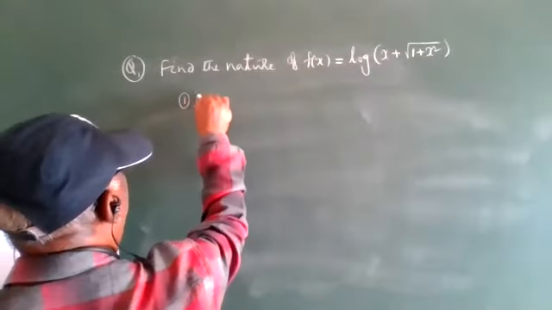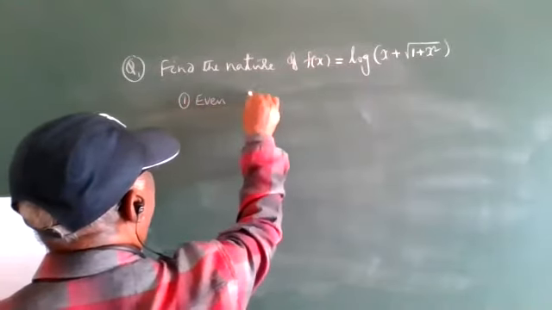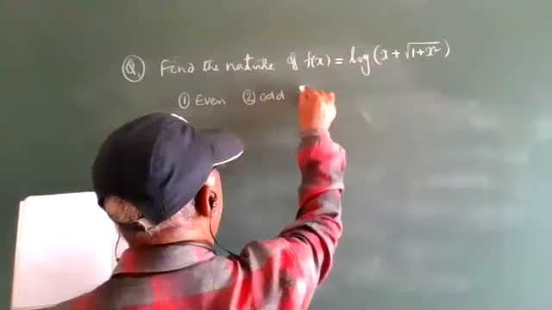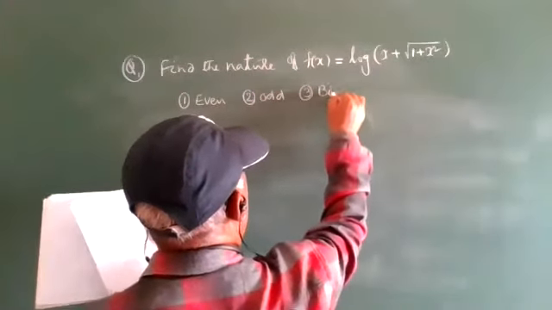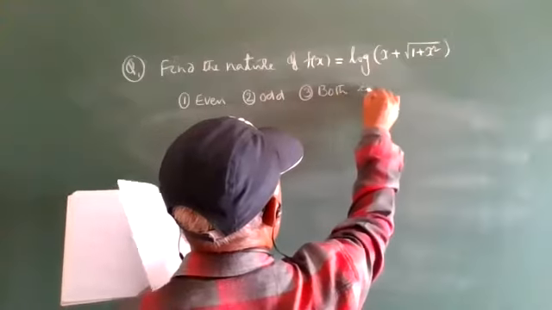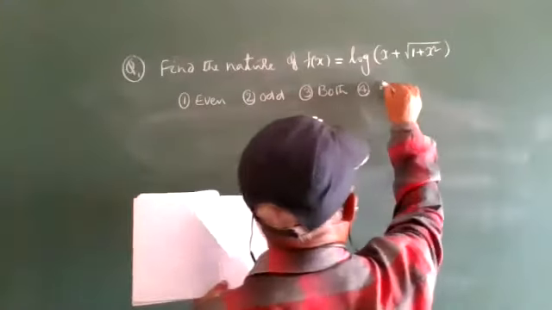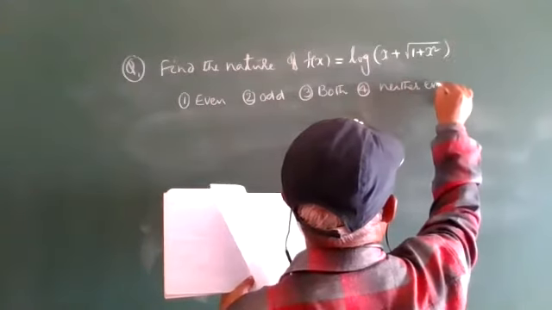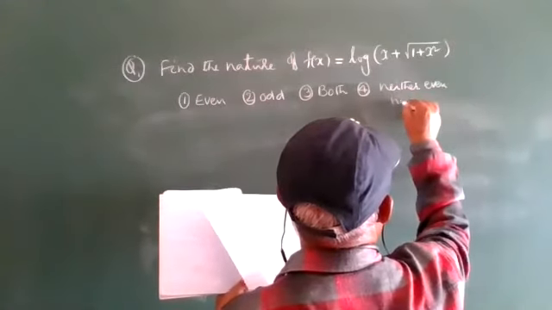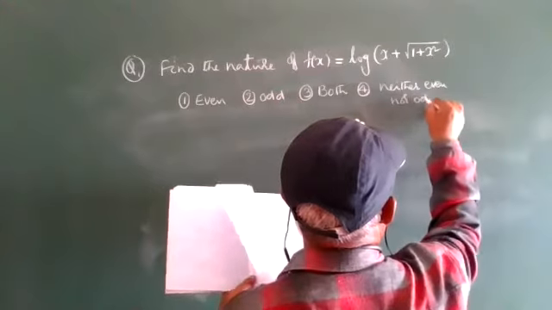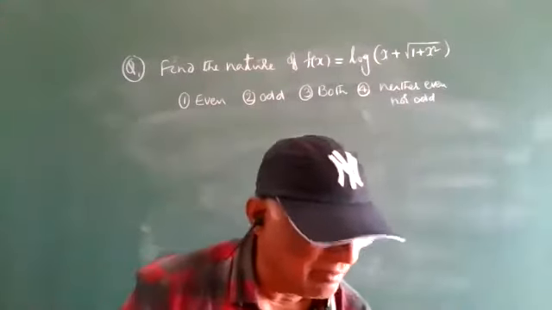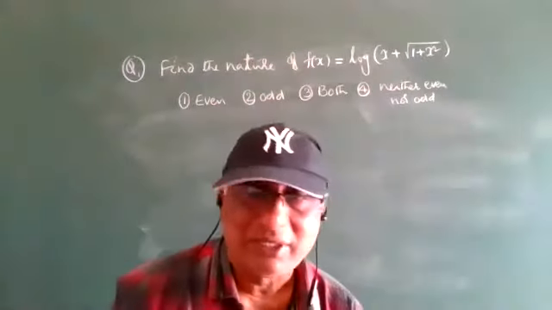First option is even function. Second option is odd function. Third option is both even and odd. And fourth one is neither even nor odd, so it is not an even and not an odd function. So these are the given 4 options.